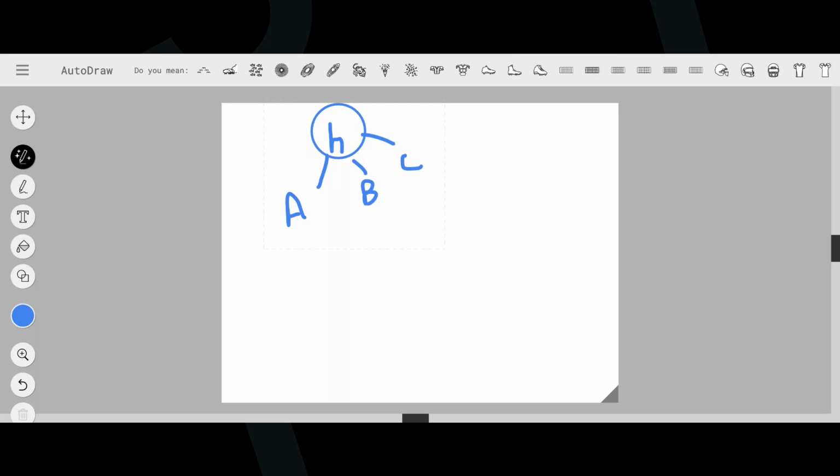So, how will they communicate? A will send this data to hub, and hub will send this data to C. So, this is the procedure that should happen in a hub environment.